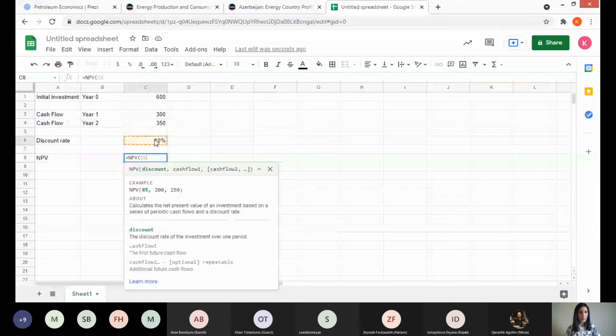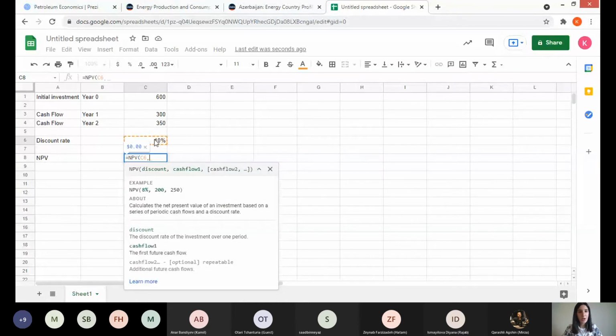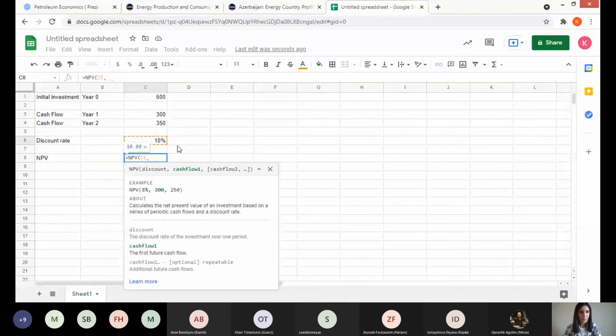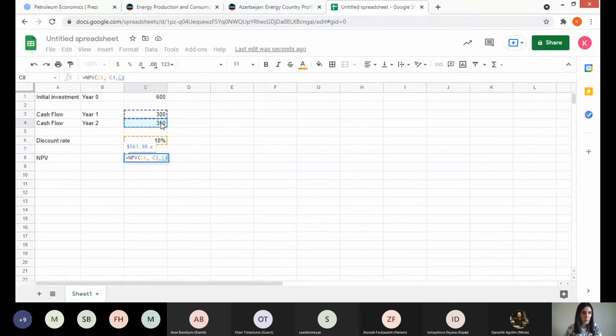This is happening right now. So that's why we start with 300 here, comma, second cash flow, 350. You close the bracket, then minus your initial investment. If you write minus here, you have to write plus in the formula. But I wrote plus here, so that's why I wrote minus C1, minus initial investment, and then enter.